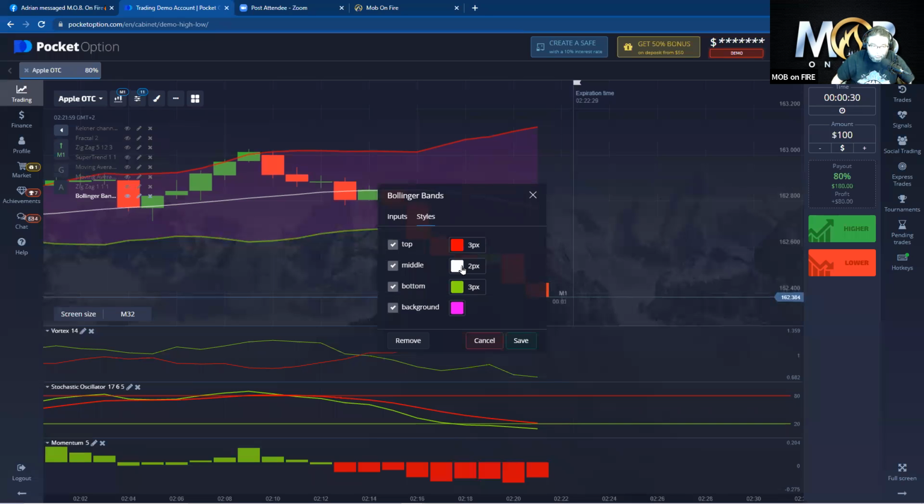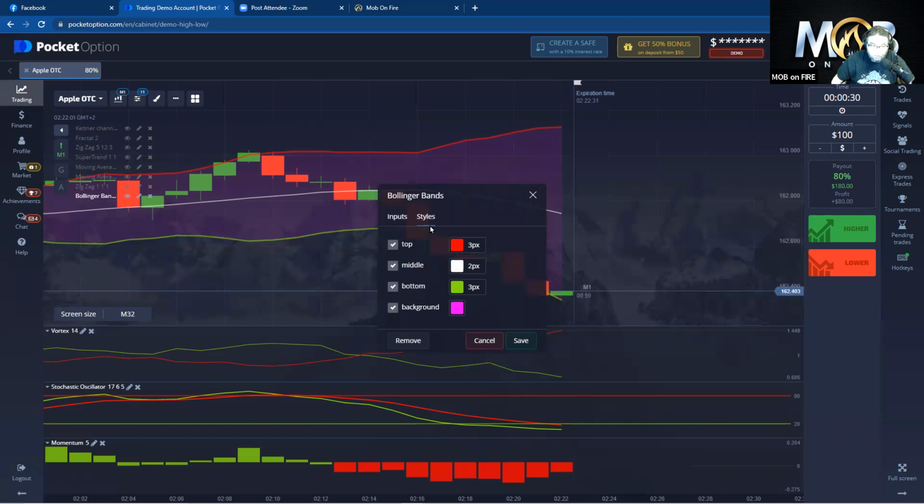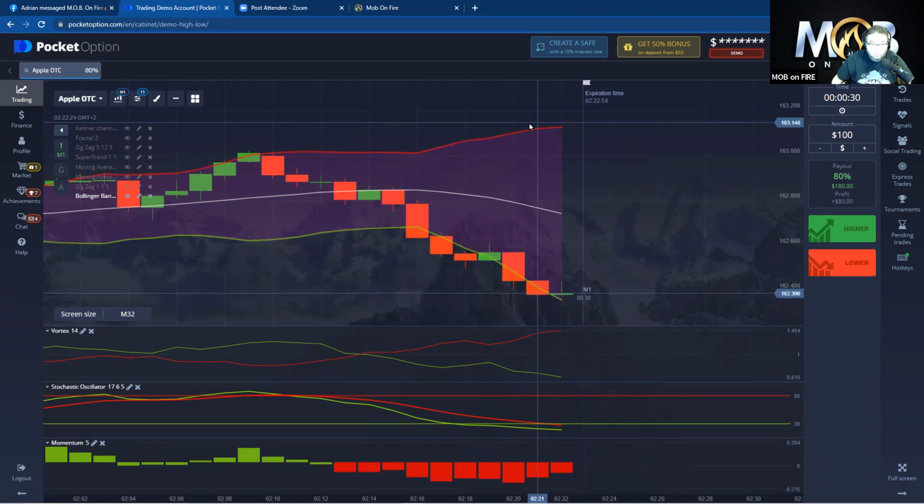The white is neutral. So that's why I've changed the styles to red, white, and green. I put my background in fuchsia just because it's easy to see. I make my white line 2 pixels, but as you can see, I make the red and the green 3 pixels so that I can clearly see where they are in the chart.